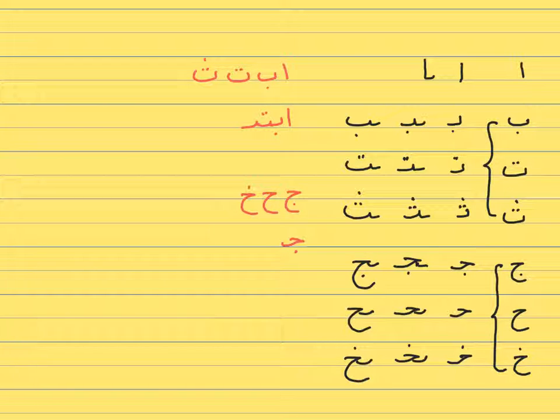Now this is your jim. You want to connect it to ha. Ha can be connected to the previous, so you just connect jim to ha. Ha can also be connected to the next letter. Now we are ready to join to the kha. Since this is the last letter in the word, you draw the original shape of the kha. So there you go, that is your jim, ha and also kha.